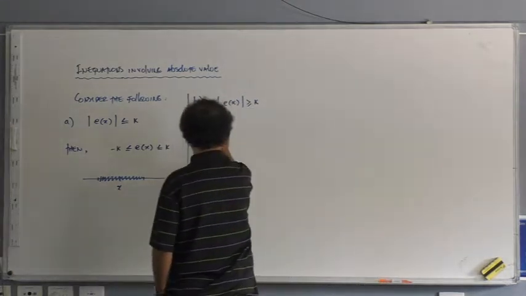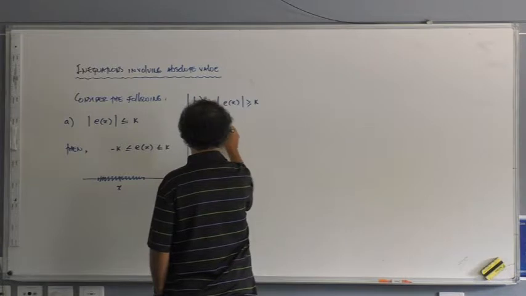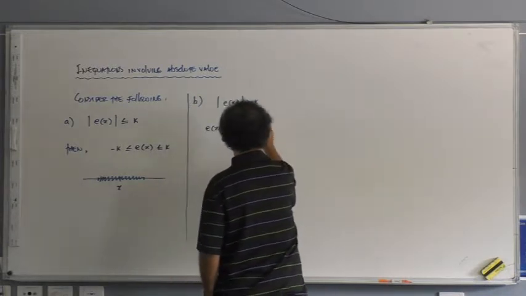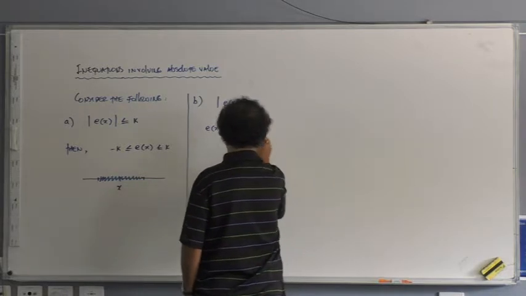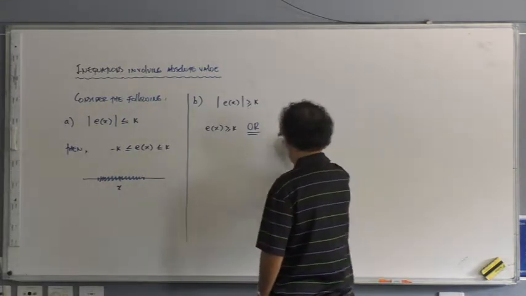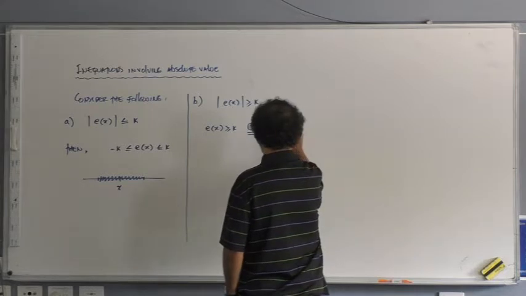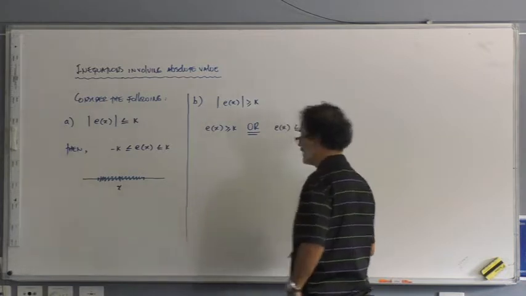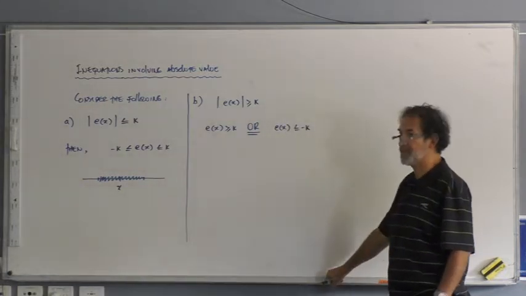So we're going to have to say whatever the expression is greater than or equal to k, or, and that "or" is very, very important, the expression is going to be less than or equal to negative k. So we're going to have two different cases.